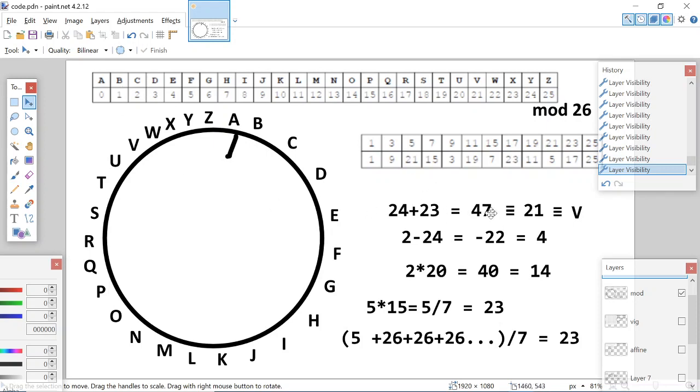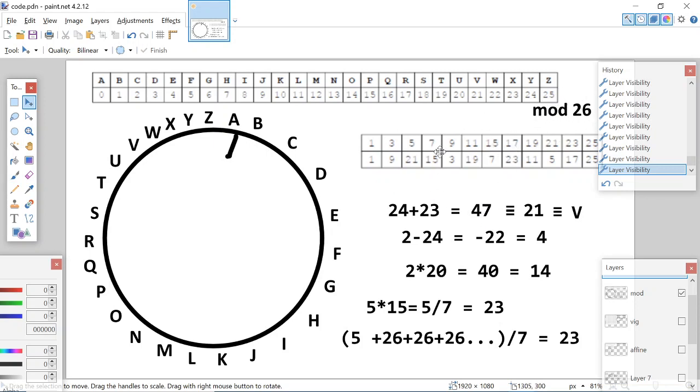Basically, addition works exactly the same as it does in regular math. 1 plus 1 is still 2. But if I do something like 24 plus 23, I get 47, and 47 doesn't exist in mod, so it's basically 21. The reason is that modulus is basically the remainder function.